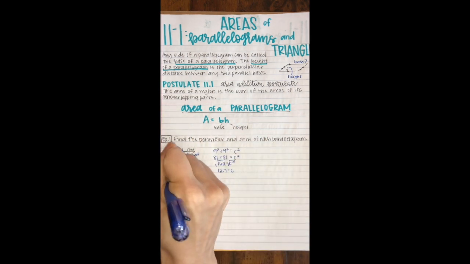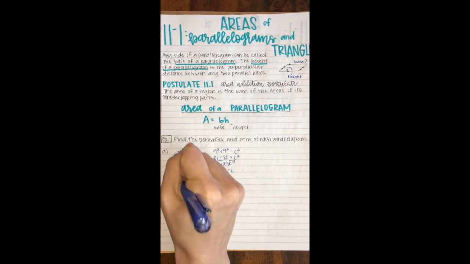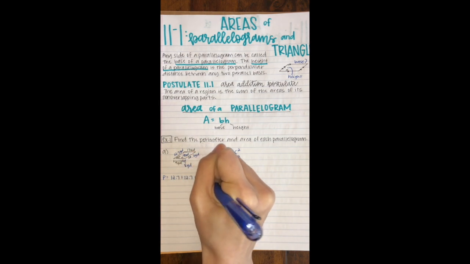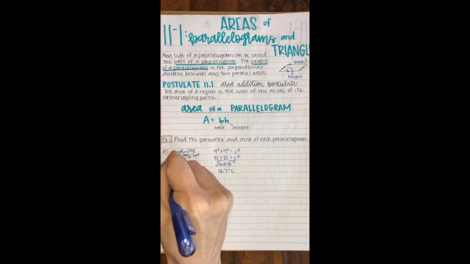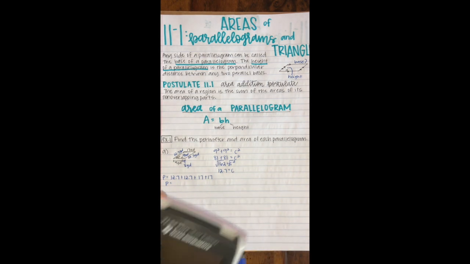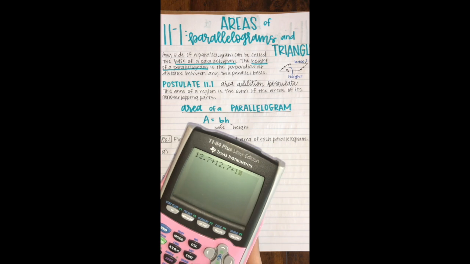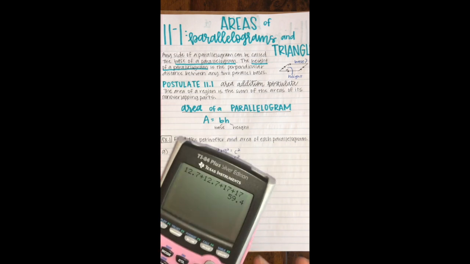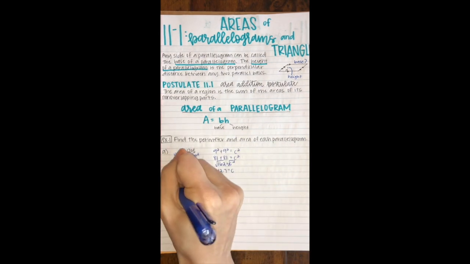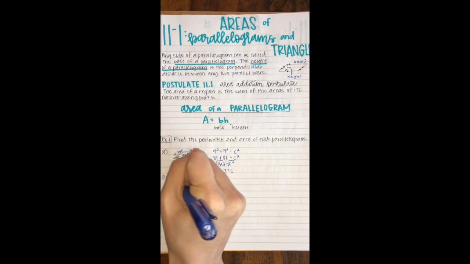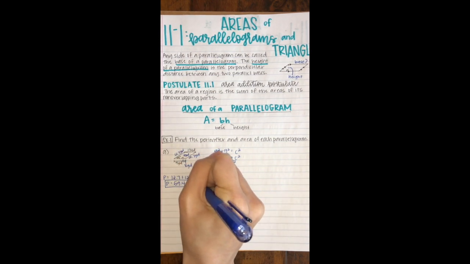So for perimeter, we're going to add 12.7 plus 12.7 plus 17 plus 17, and we get 59.4 yards. So the perimeter is 59.4 yards.